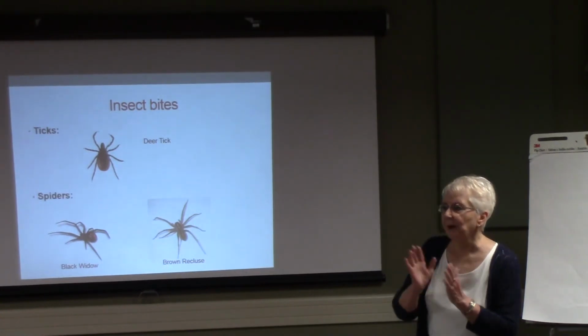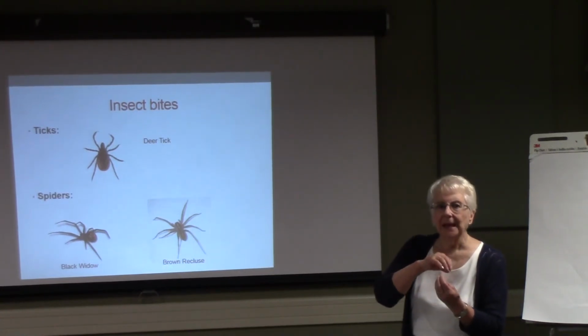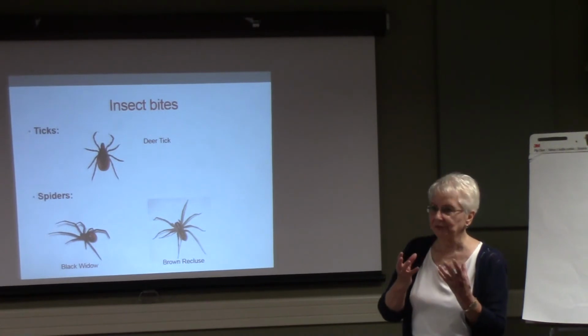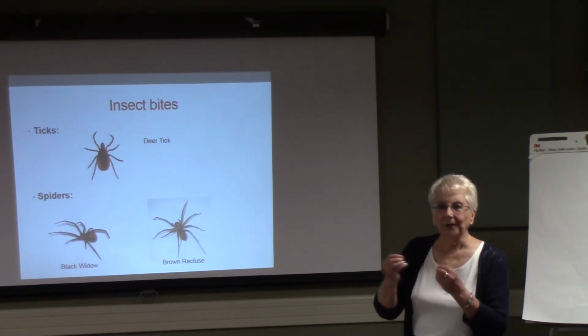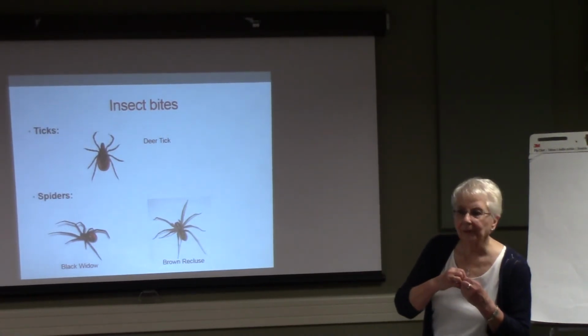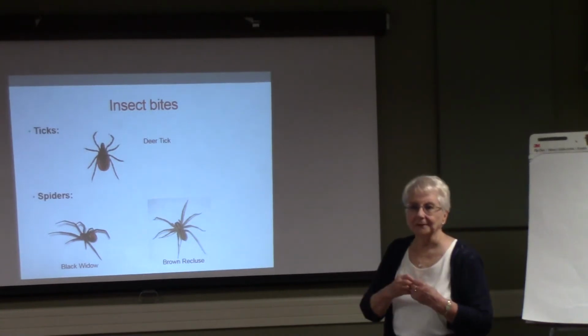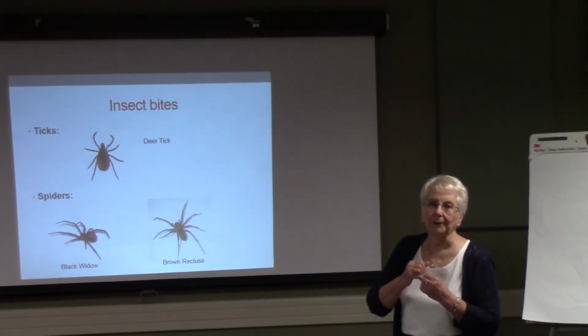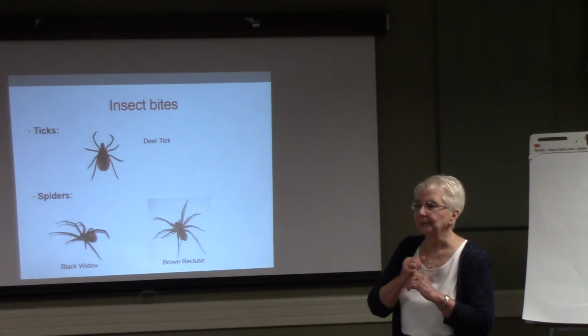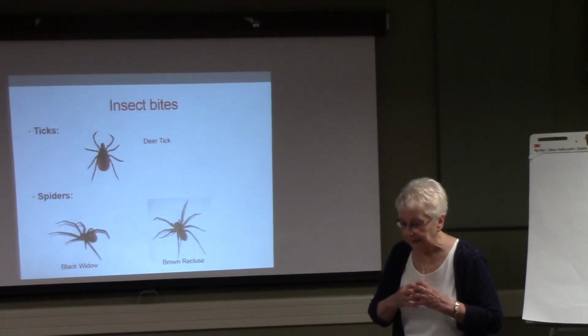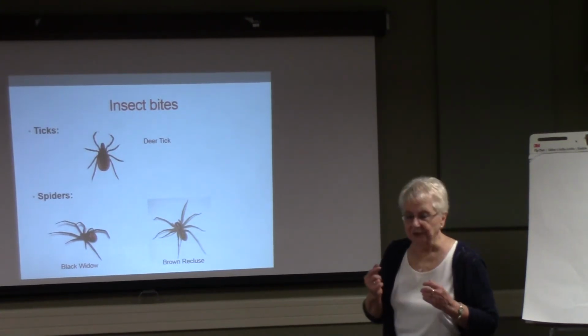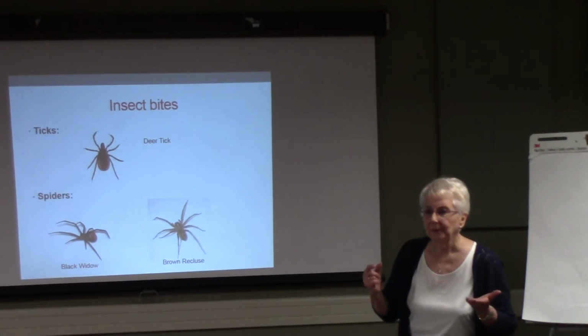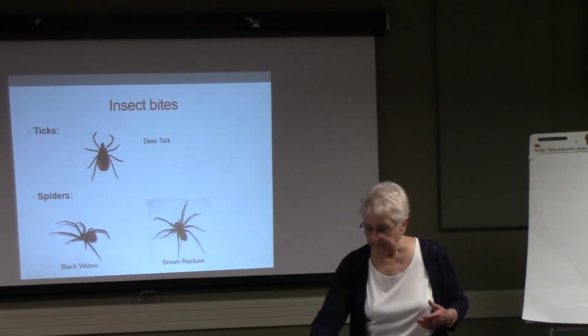What happens is a spider injects an enzyme, and that enzyme digests the tissue so that it can come back later and eat whatever it was, a spider or a fly, another spider, whatever. Okay. Not so dangerous as far as losing your life, but not pleasant either.